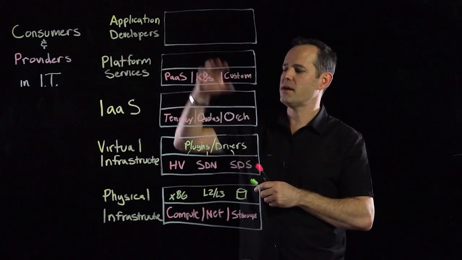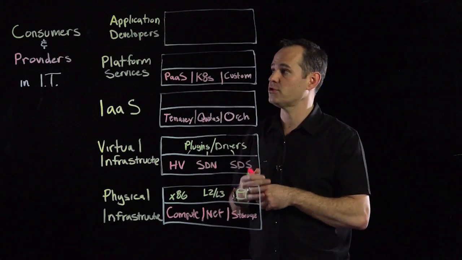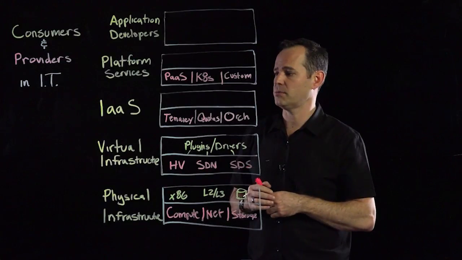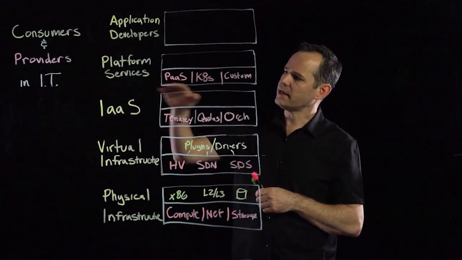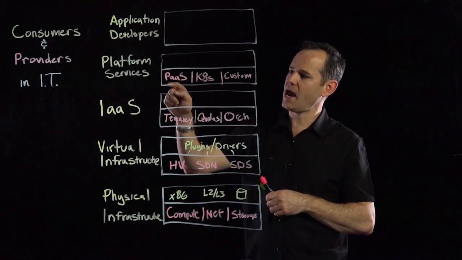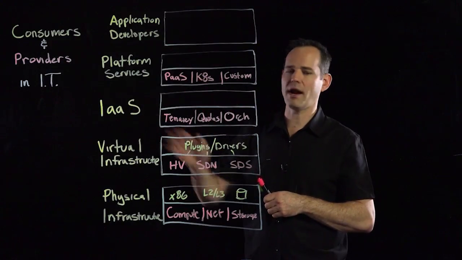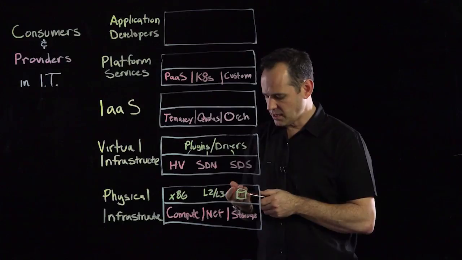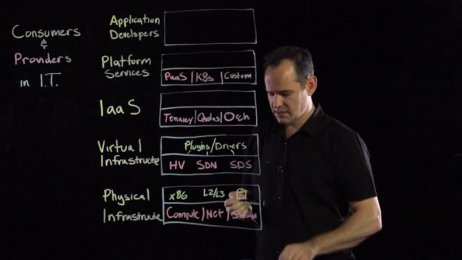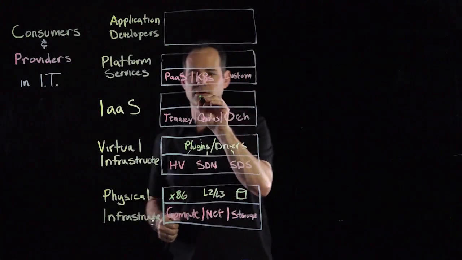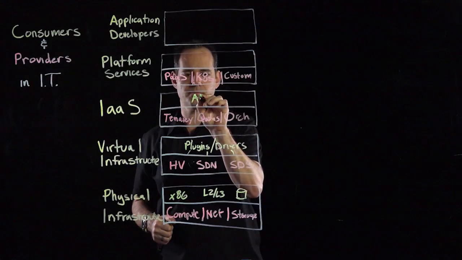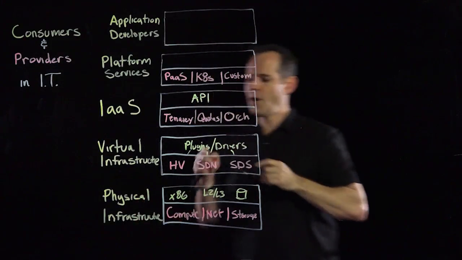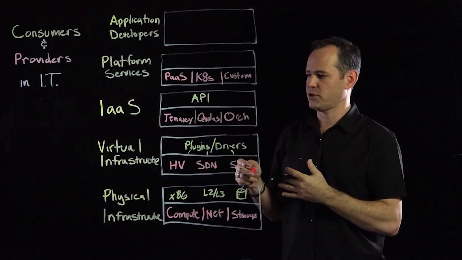These folks up here, they don't really care about infrastructure. They just want to create apps with application building blocks. Okay. So back down to the platform services folks, they've got PaaS, Kubernetes, custom, whatever. The thing that they really want out of the IaaS is a very, very simple abstraction model. They do not want to have to worry about what virtual infrastructure they use.